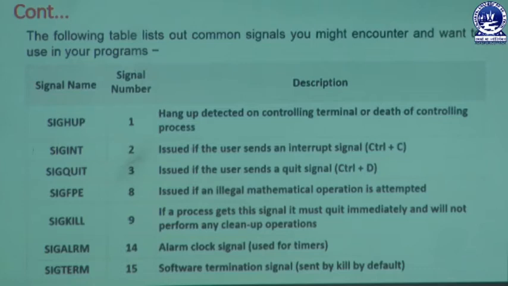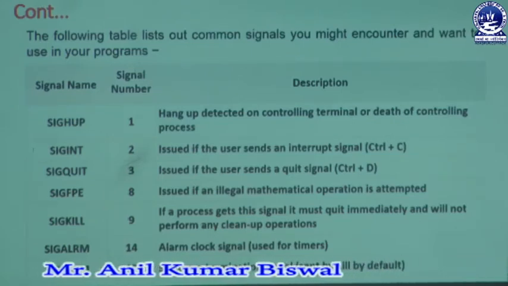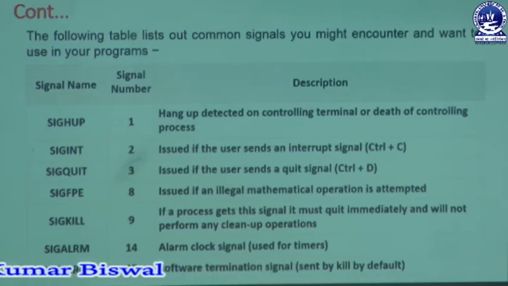Similarly, another signal name is SIGINT. This signal's number is 2. It is issued if the user sends an interrupt signal, which is Control-C. If a user wants to do some activity like copying, pasting, or selecting more text in their document, we get this type of signal, SIGINT.